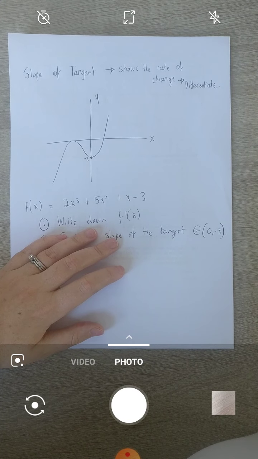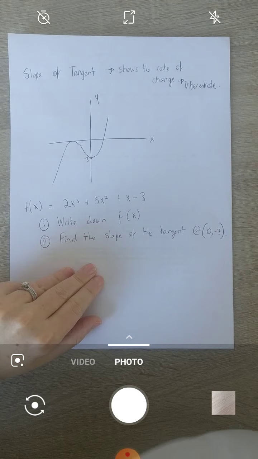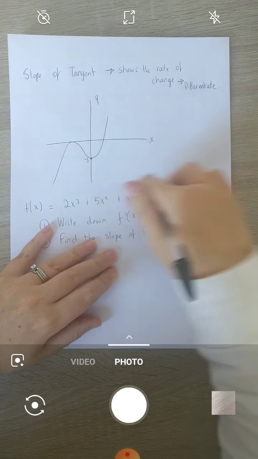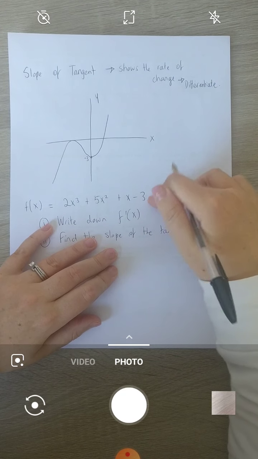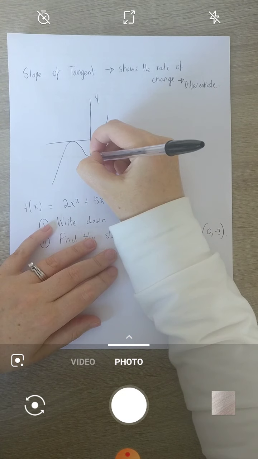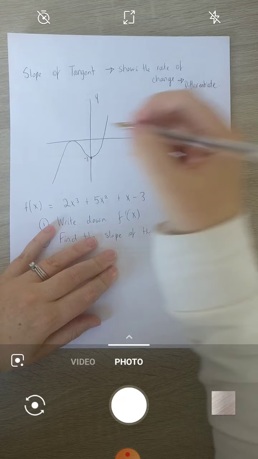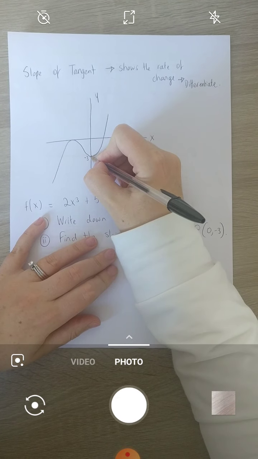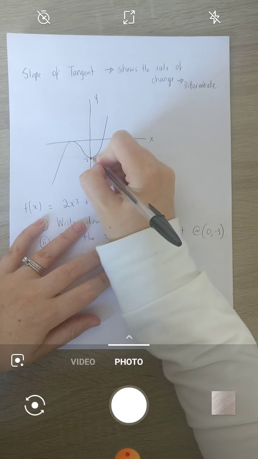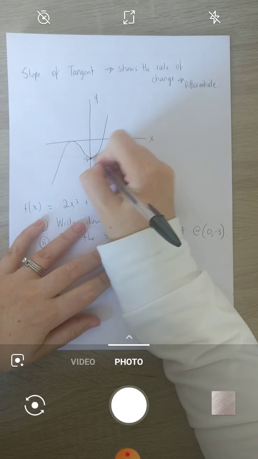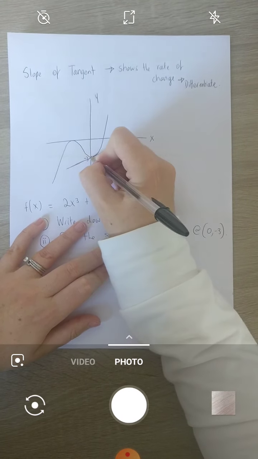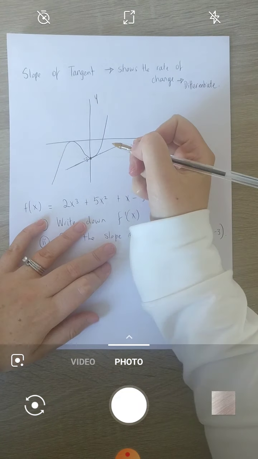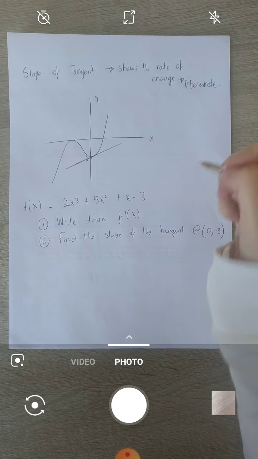Okay, so this question is basically saying that this is the graph of this cubic function, and it has a tangent at (0, -3). Now (0, -3) is this point here, and a tangent basically means that there is a line that hits off one point of the curve only.